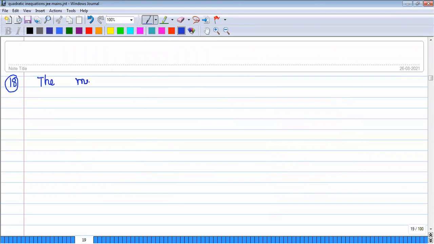Check your progress once again. The minimum value of 2x square plus x minus 1 is, this time also minimum value. First option 1 upon 4.